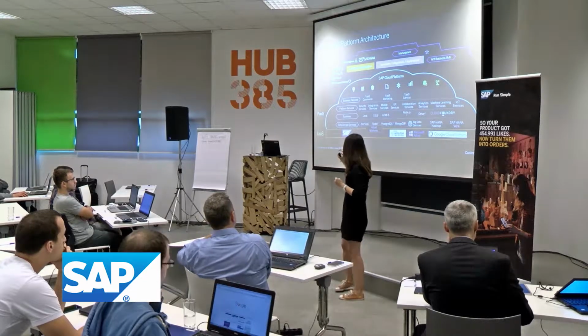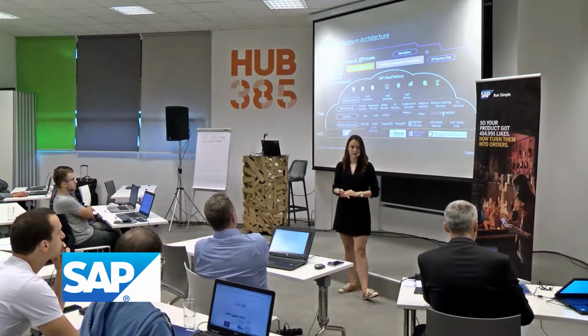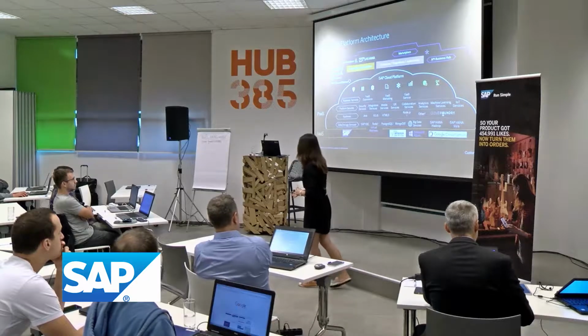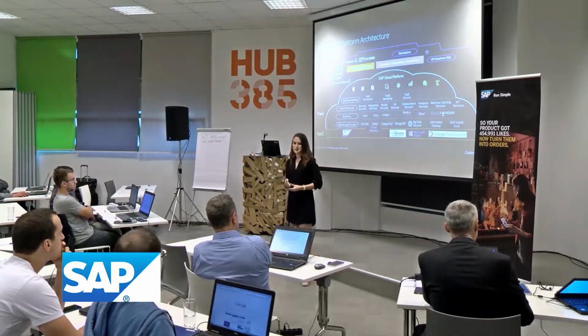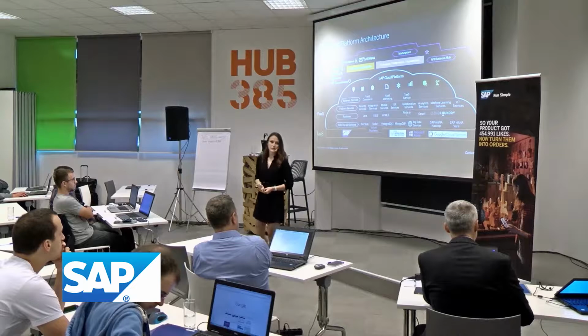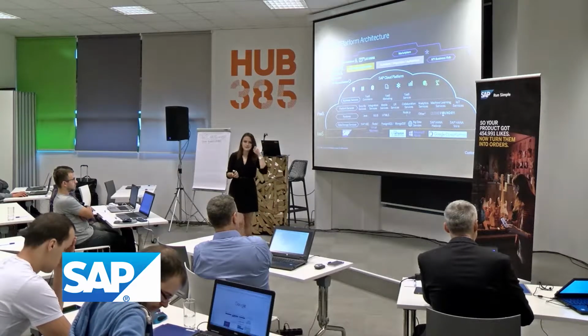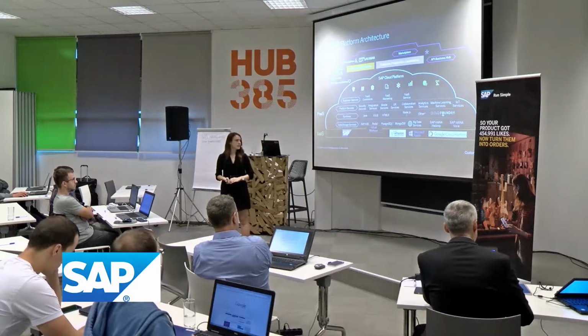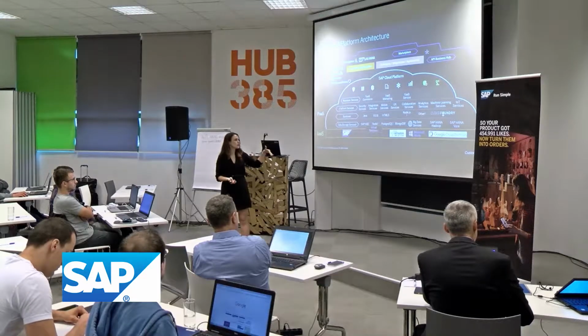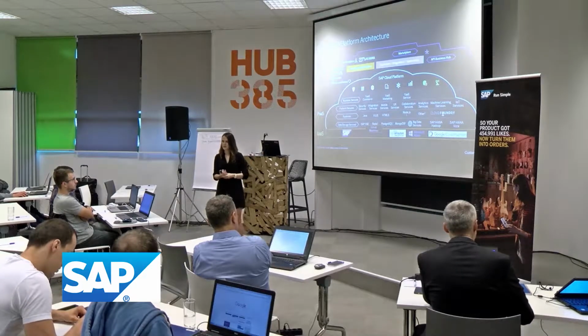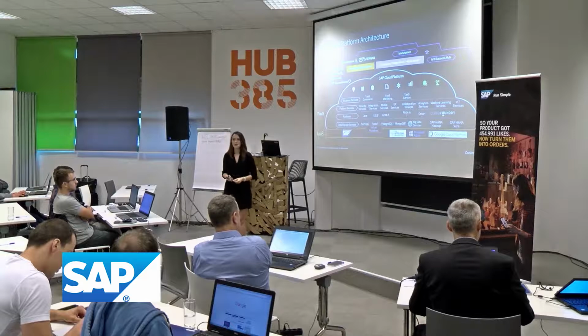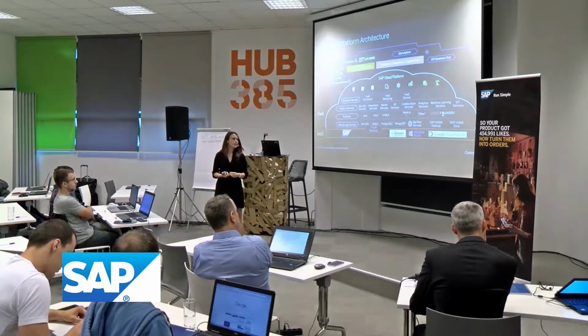So if you are talking about infrastructure as a service, until now SAP was offering only SAP infrastructure, but starting with last year, actually this year is for general availability, we are offering our platform also in other infrastructures like Amazon, which is also generally available.